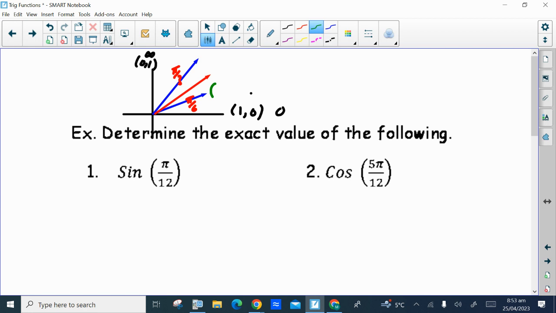Root 3 over 2, comma, root 1, or 1 over 2. And when you went sine divided by cos, you'll get 1 over root 3, which is root 3 over 3. There's the tangent. At pi on 4, again, put down the middle finger, the root of this many fingers over 2, the root of this many fingers over 2.